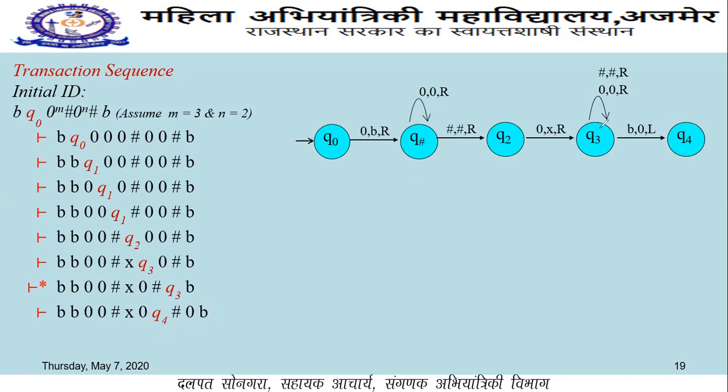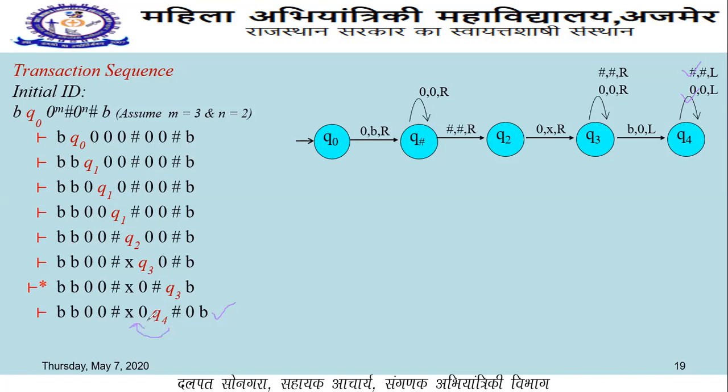Second hash. So I hope you understand this. For this we have to write again a transition function like this. At q4, whenever we read a hash, we just pass this and take a left turn. When we read 0, then we just pass it and take a left turn. We apply these transitions in this situation, because we are reading hash at q4, and hash is replaced by hash and we take a left turn.